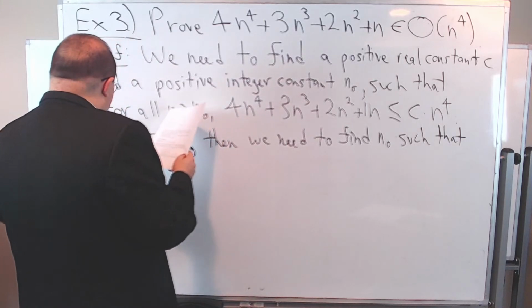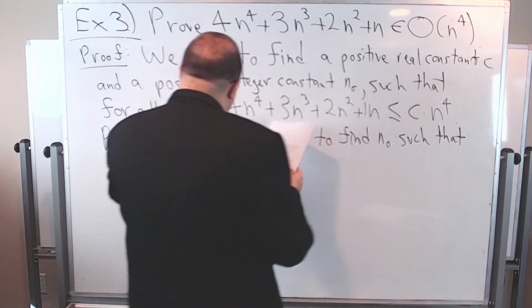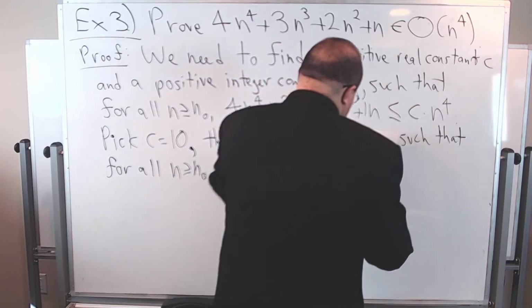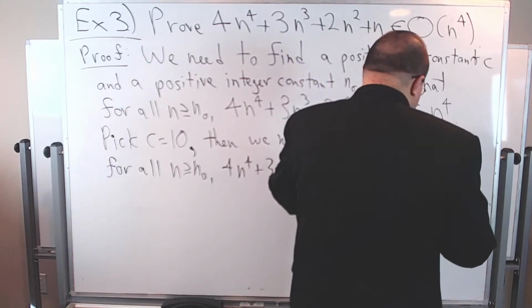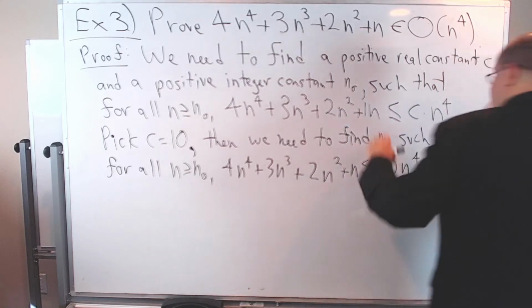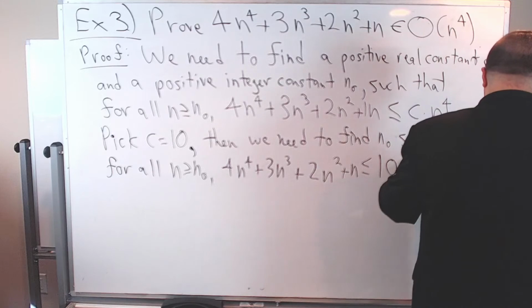Such that for all n greater or equal to n0, 4n to the 4 plus 3n cubed plus 2n squared plus n is less or equal to 10 times n to the 4. Well, now I'm going to make the same kind of observation I did last time.